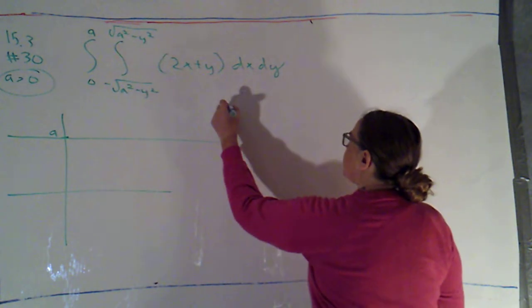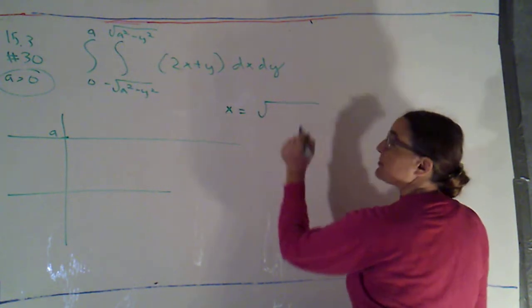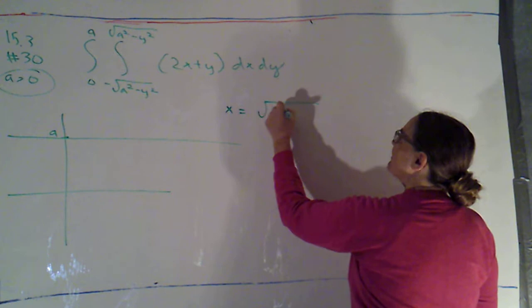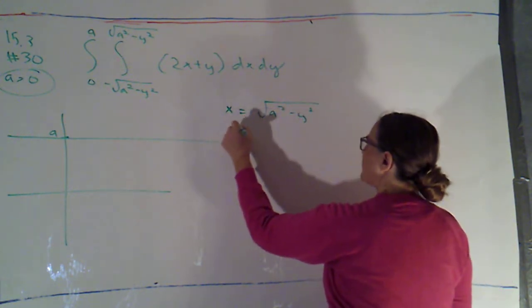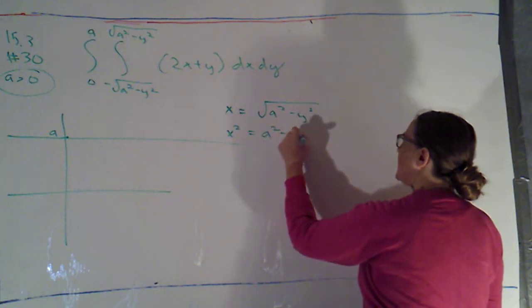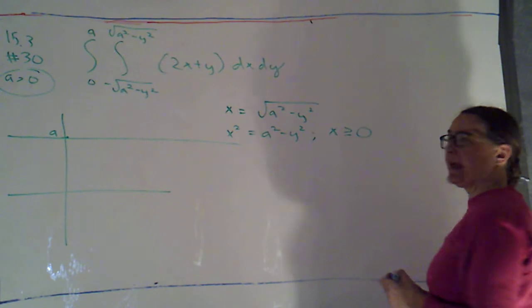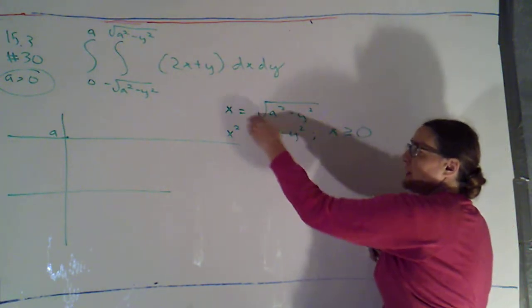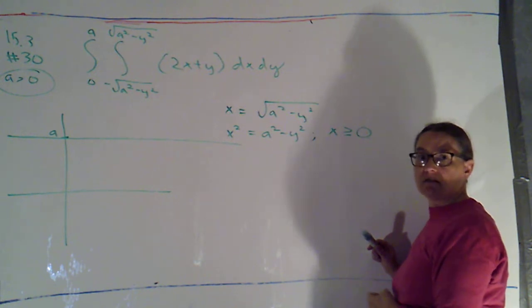If I take a look at that, I'm going to look at just the right boundary first of all. X is the square root of a squared minus y squared. Now if I square both sides, that becomes x squared equals a squared minus y squared, but with the restriction that x is non-negative. I want to be careful. Anytime I square both sides of an equation, I run the risk of losing some information about the signs of things.